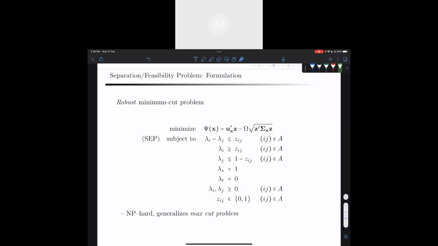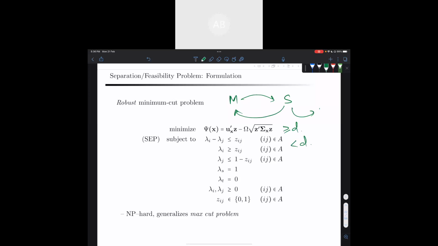The separation problem tells you whether you have the optimal solution if this value is greater than or equal to d, or it tells you that this value is less than d and you need to add a specific constraint to the master problem. So the cycle keeps going until this gives you a certificate that you have an optimal solution.